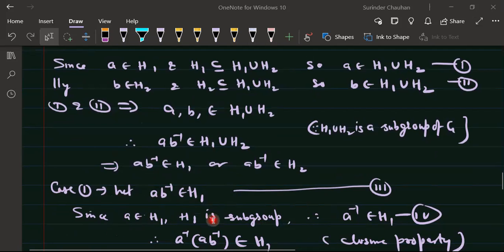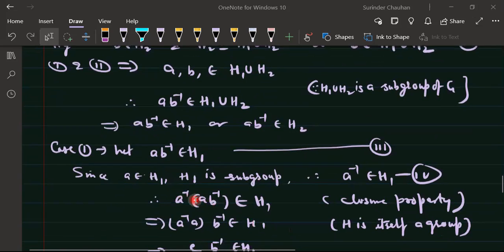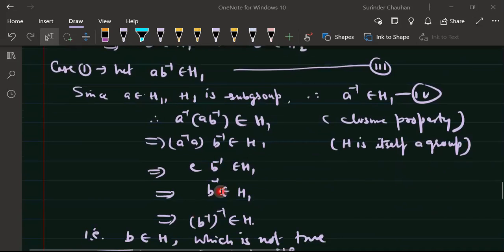By the closure property, a inverse and ab inverse belong to H1, therefore a inverse times ab inverse belongs to H1, since H1 is a subgroup. This implies b inverse belongs to H1.